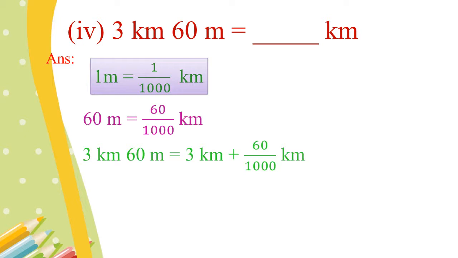So as there are two zeros remaining in the denominator, we write the numerator and put the decimal point counting 2 digits from the right. So we get 3 kilometer plus 0.06 kilometer. Now we want to add 3 kilometer and 0.06 kilometer. So we get 3.06 kilometer.